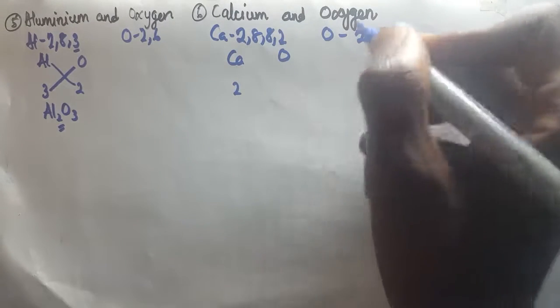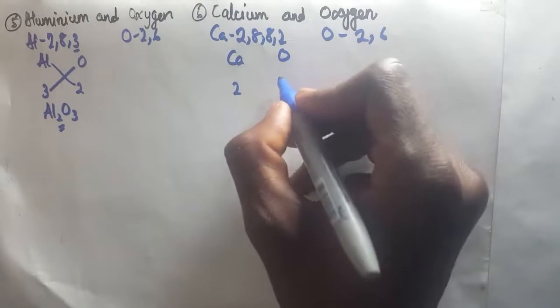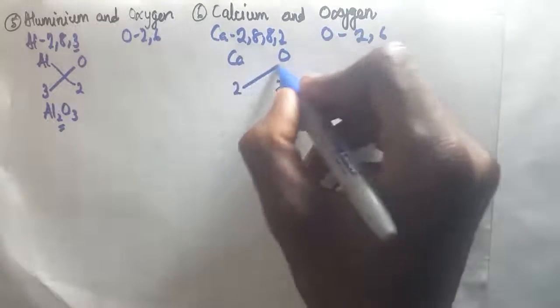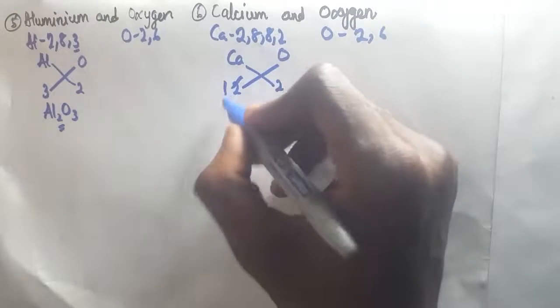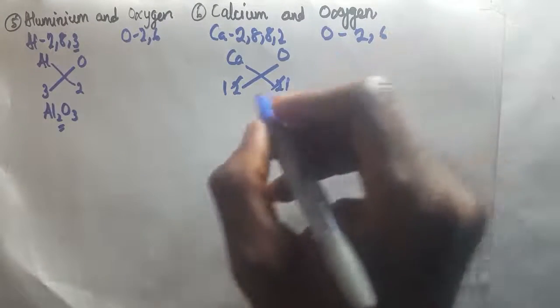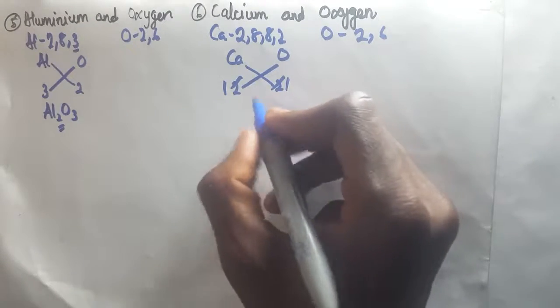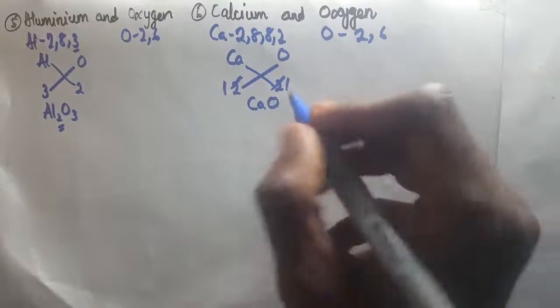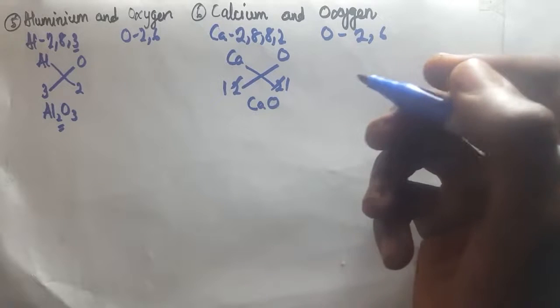Then oxygen, 6 on the outermost shell, so it's going to gain 2. And we have something interesting here. They are going to cancel out. 2 here, 1, 2 here, 1. So calcium oxide is going to be written this way: Ca and then O. That's how calcium oxide is going to be written.